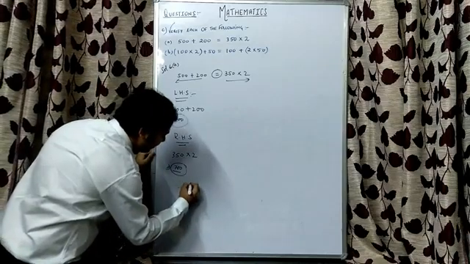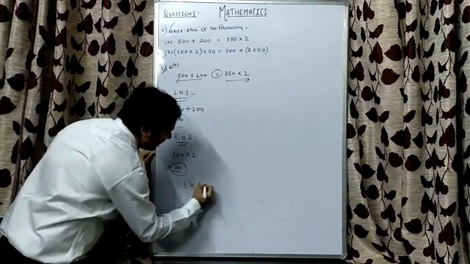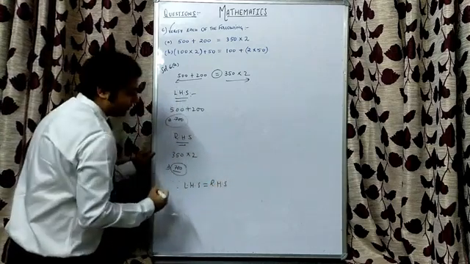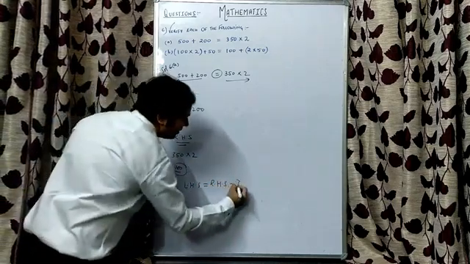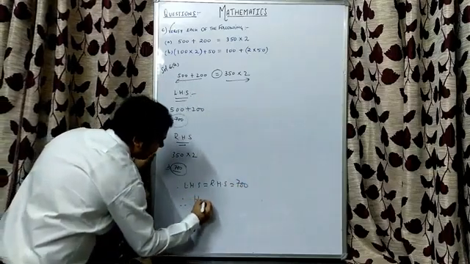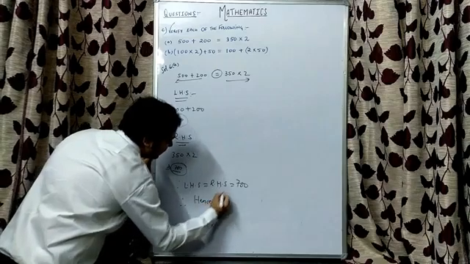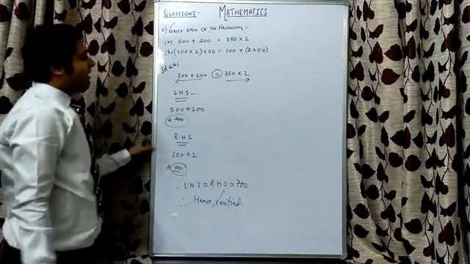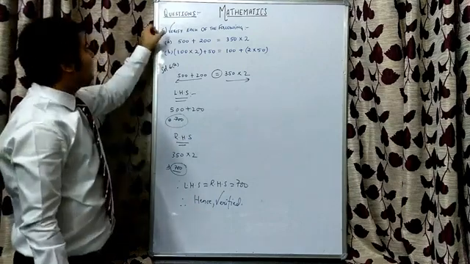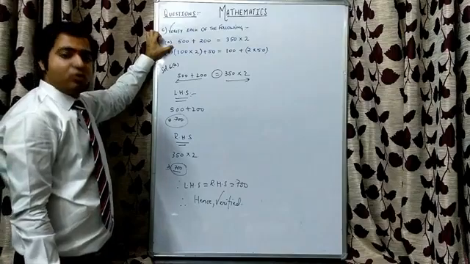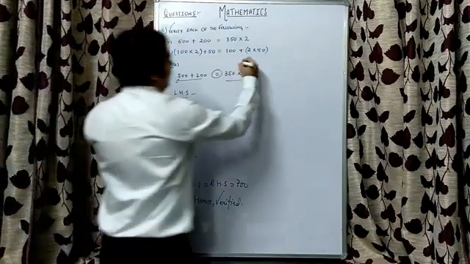Since LHS, that is the left hand side part, is equal to right hand side part, both are same, that is 700. Therefore, hence verified. That means what we need to do in this was we need to check whether the given expression is correct or wrong. Right?